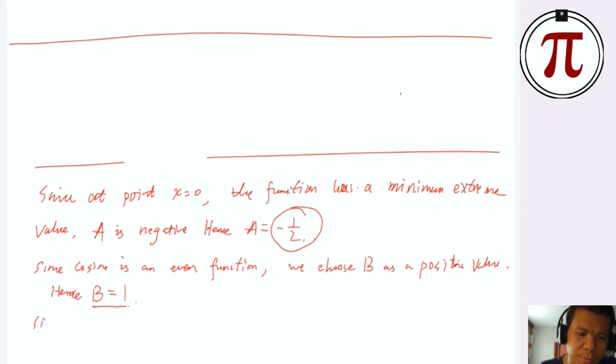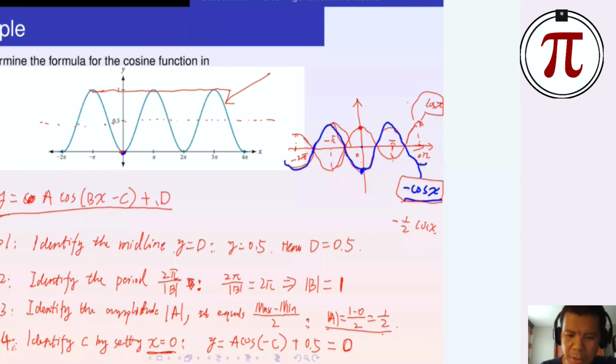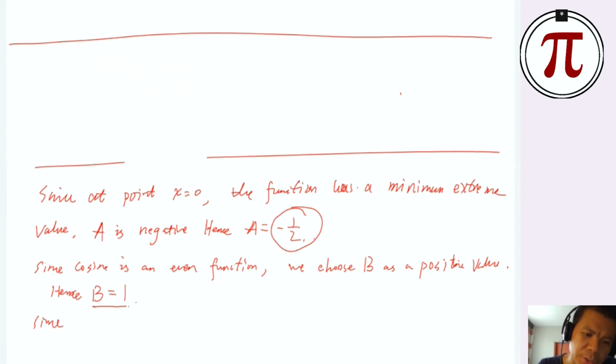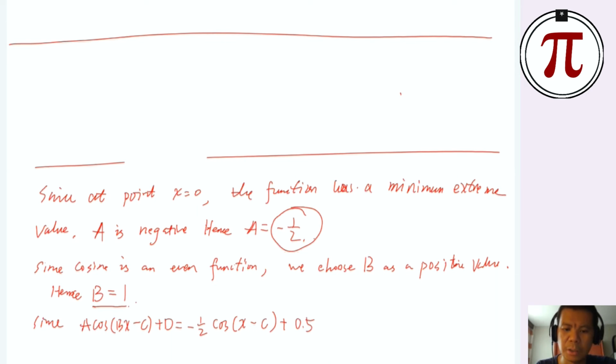After a, b, and d are identified, we can identify c. So a cosine of (x minus c) plus d equals negative 1/2 cosine of (x minus c) plus d, which is 0.5. Now this one is going to be the function.